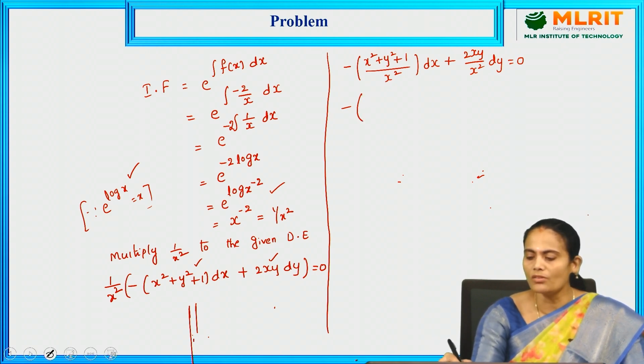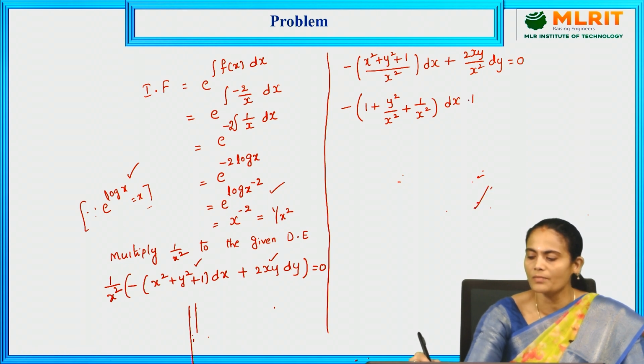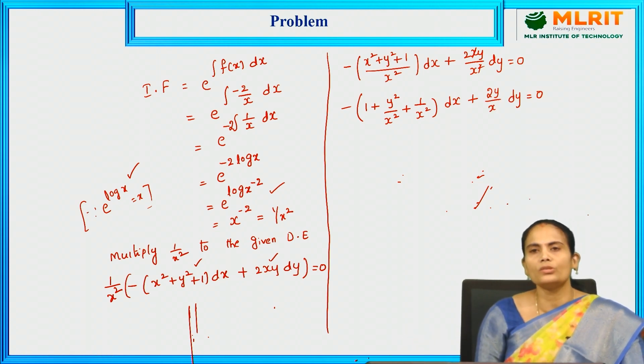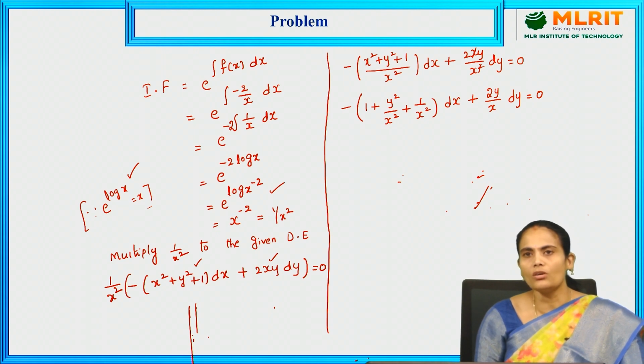So minus of (1 plus y square by x square plus 1 by x square) dx plus, here the x was cancelled, 2y by x dy is equal to 0. So this is the differential equation we got after multiplying by the integrating factor.